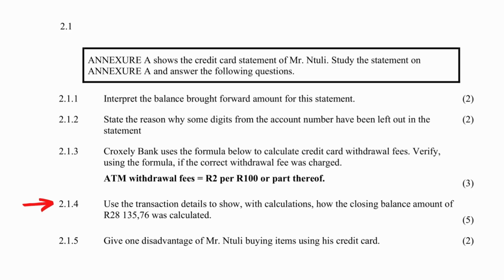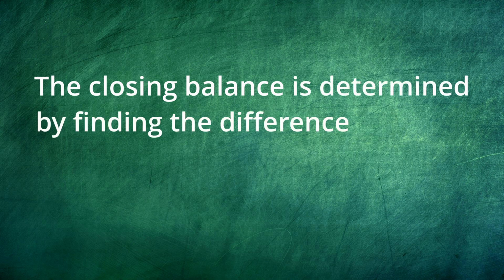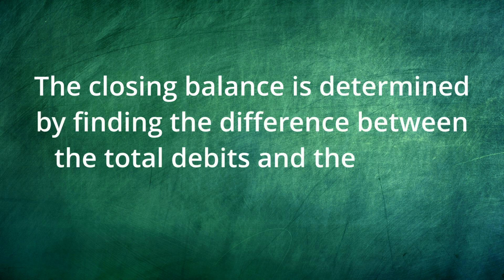Question 2.1.4 instructs you to use the transaction details to show with calculation how this closing balance amount of 28,135 Rand 76 cents was calculated. The closing balance is determined by finding the difference between the total debits and the credits.